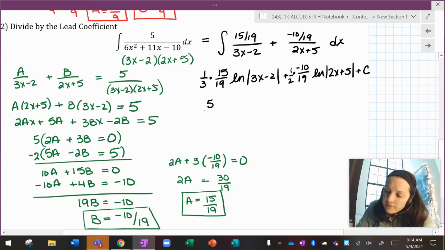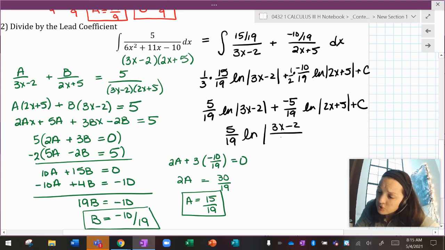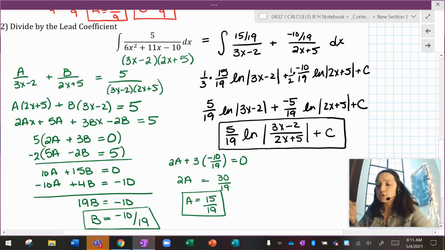So really, I have 5/19 ln 3x minus 2 plus -5/19 ln 2x plus 5 plus c, and those have the same coefficient, so that's really 5/19 ln of 3x minus 2 over 2x plus 5. Hooray for log laws, because if I'm subtracting, I can divide.